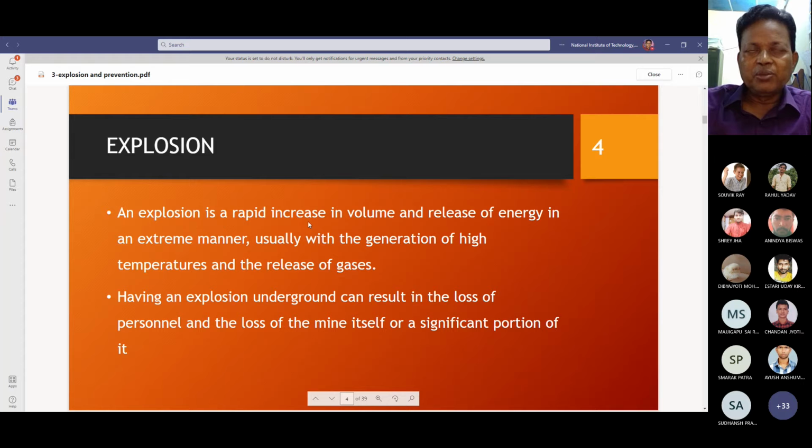An explosion is a rapid increase in volume and release of energy in an extreme manner, usually with the generation of high temperature and release of gases. Having an explosion in an underground coal mine can result in the loss of personnel and the loss of the mine itself or a significant portion of it.